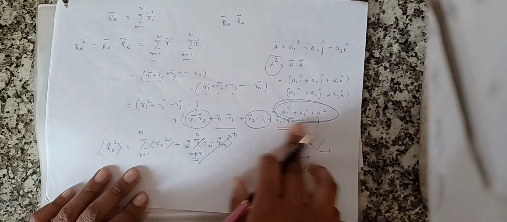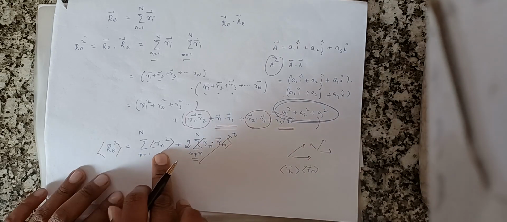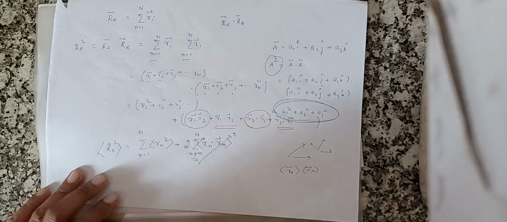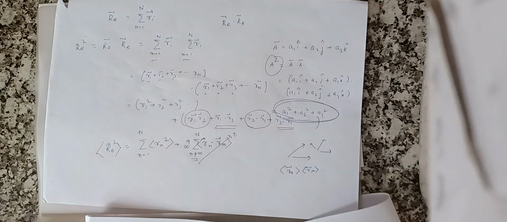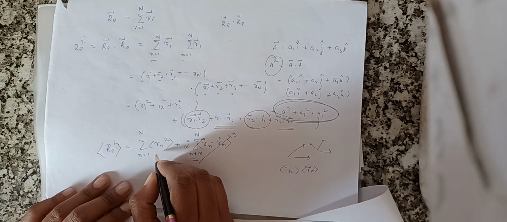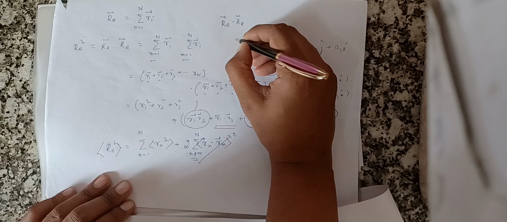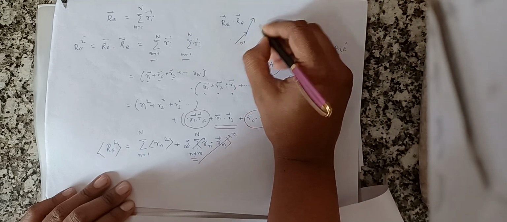Only the square terms survived. Here also only the square terms will survive. And what is Rn? Rn is basically the bond length. If you consider each of these bond lengths to be equal, then this is nothing but B0, what we assumed to be B0 in the first place. Each bond has a length of B0.